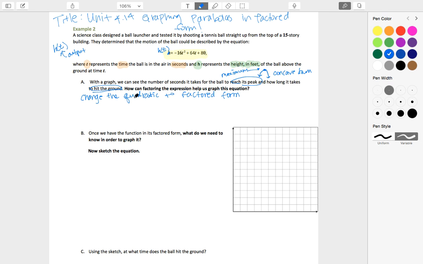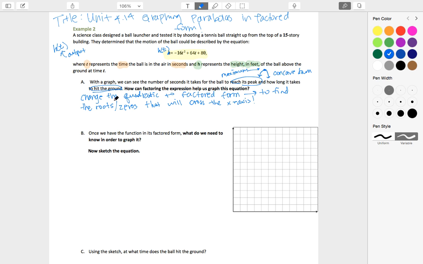So here, change the quadratic to factored form to find the roots or zeros that will cross the x-axis. Okay, so here we can go ahead and actually factor this out.